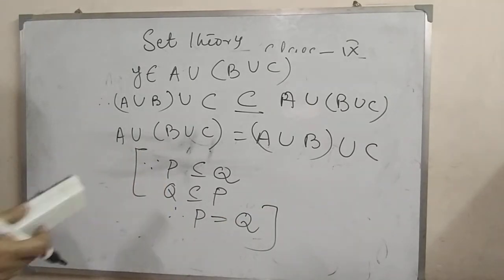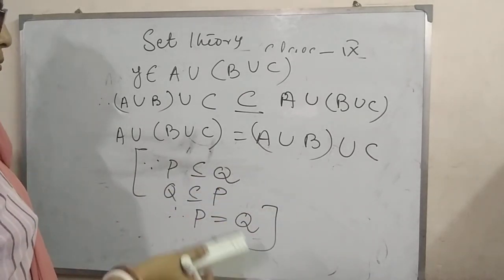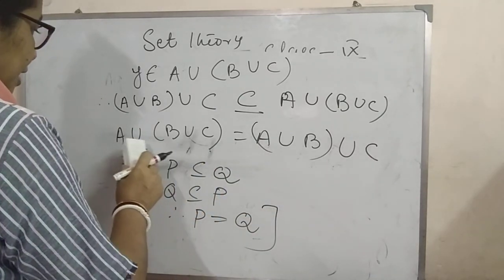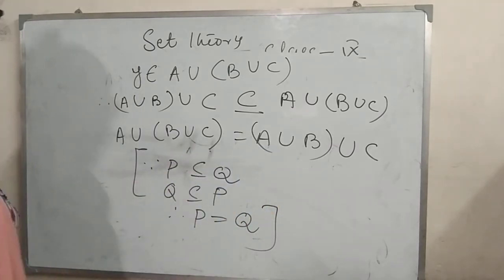For this reason I can write it. So, I can prove this equal to this. Hence proved. I am ending here.